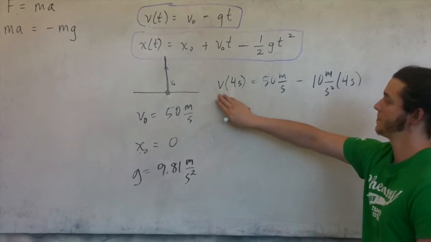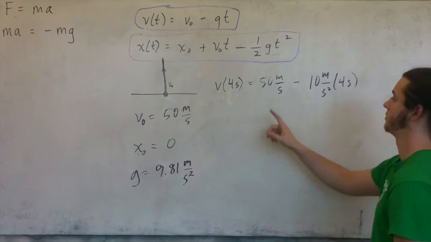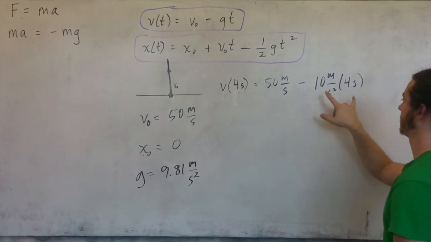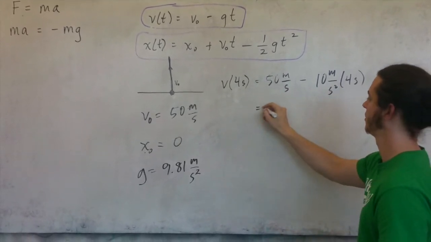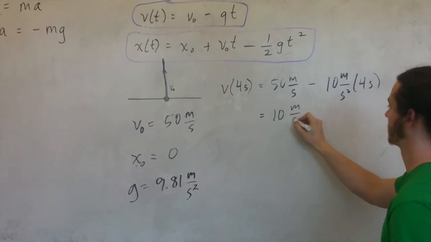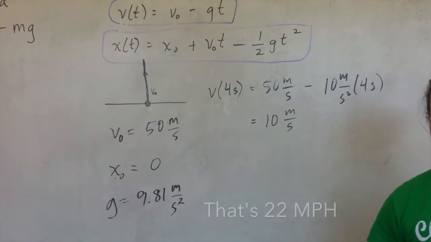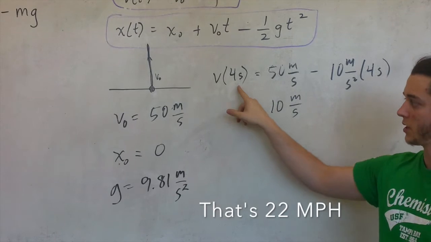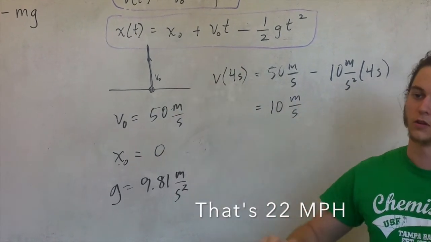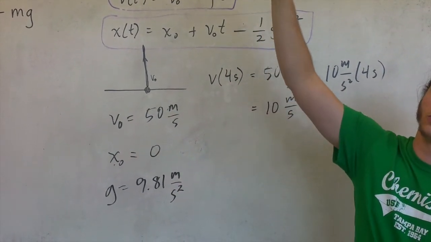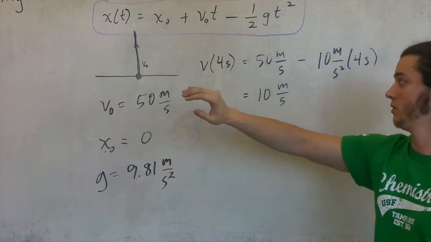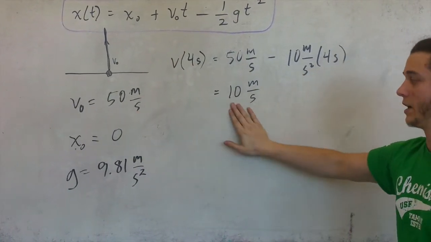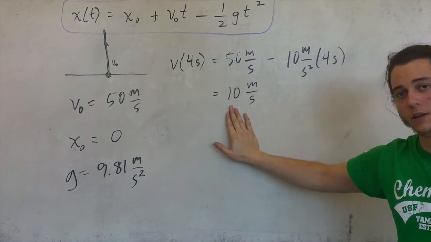So let's look at this. At 4 seconds, the velocity is 50 minus 40, which is 10 meters per second. So what's interesting about this? At 4 seconds, when you've launched the ball up into the air, 1, 2, 3, 4, it slows down. It started at 50 meters per second, but now it's only 10 meters per second.